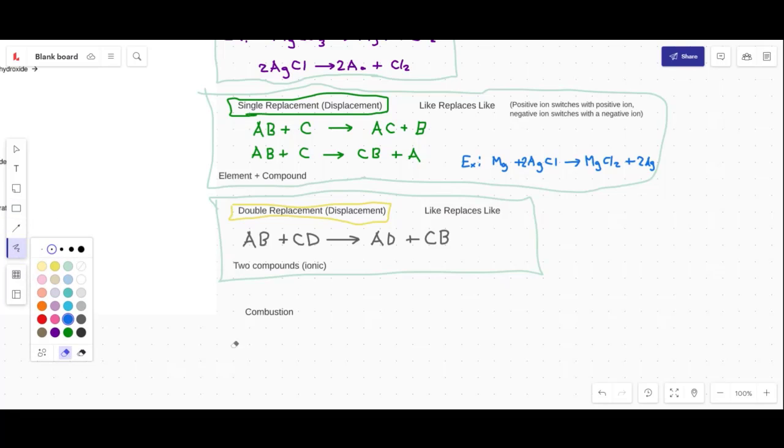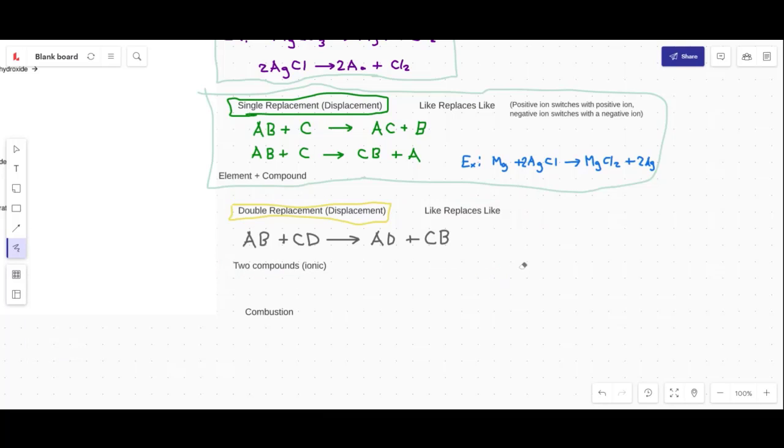So magnesium as an element has a 2 plus charge. So when I put it together with chlorine, I have to rebalance it. Chlorine only has a -1 charge, so I have to put 2 chlorines for every 1 magnesium.